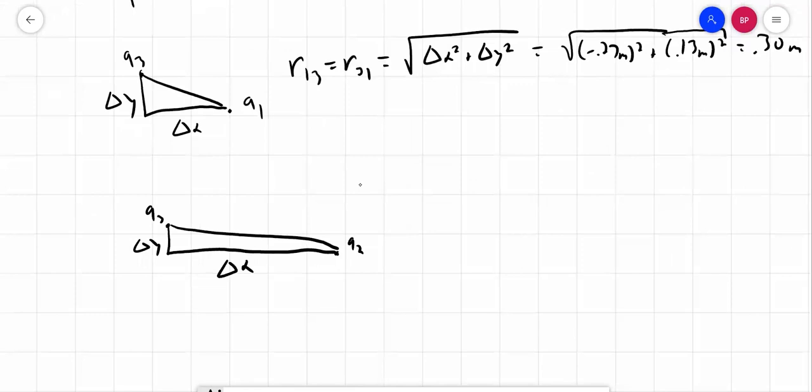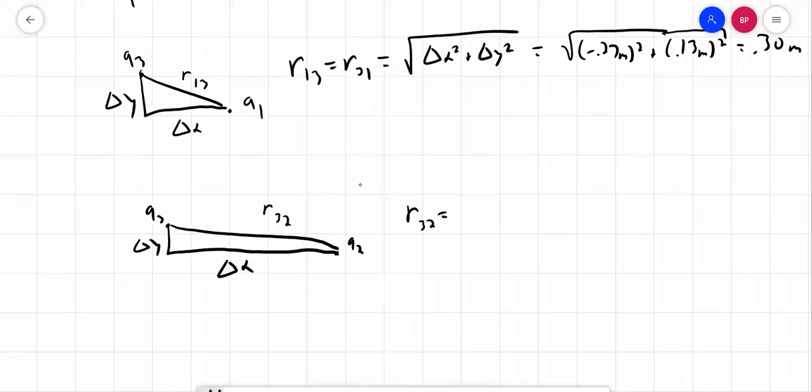So it doesn't matter which one you start with because we end up taking the square root of the squares. So it doesn't matter if these are positive or negative. So this is R32. This hypotenuse was R13.